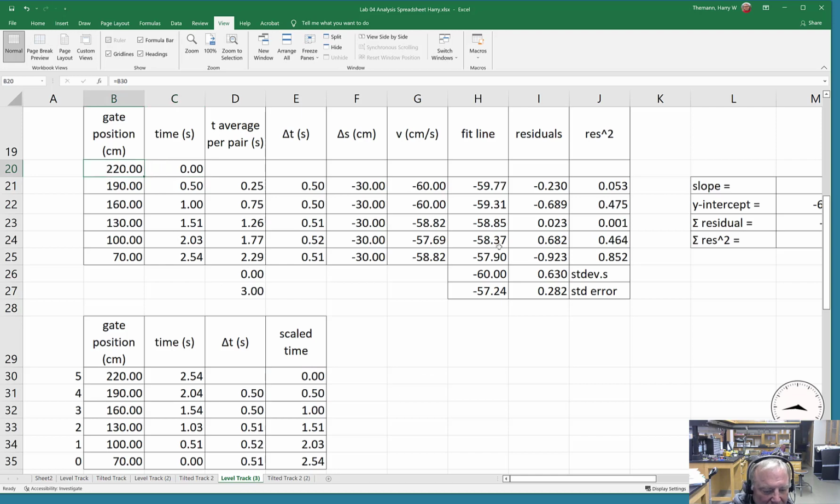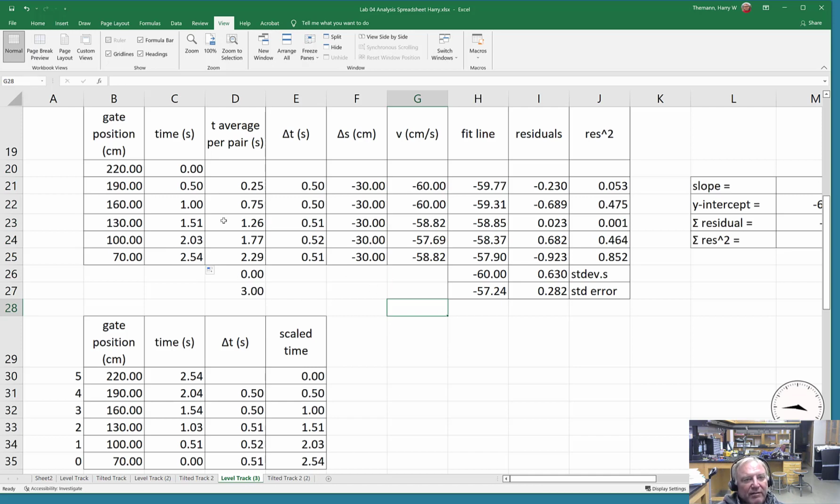So if I click on here, I would type in equals B30, whoops, then equals my first scaled time, and then I just use my fill handle, and there it is.